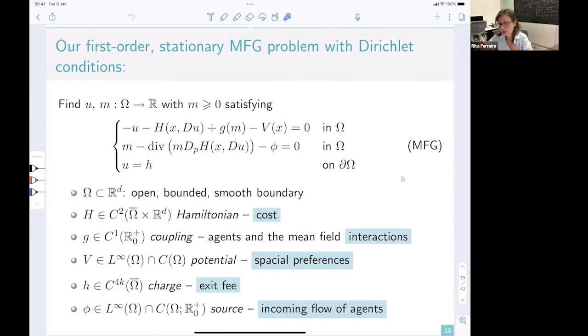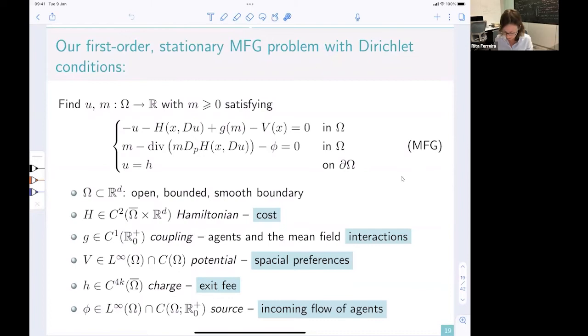Agents would rather be at the beach than here listening to my seminar. And there is a function h, which is the charge, the exit fee. And phi is a source term that encodes the incoming flow of agents, here in our transport equation. So this is our mean field game.